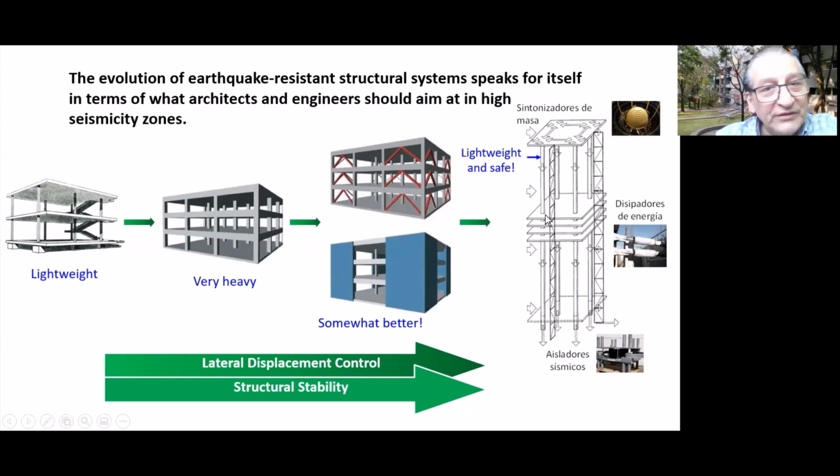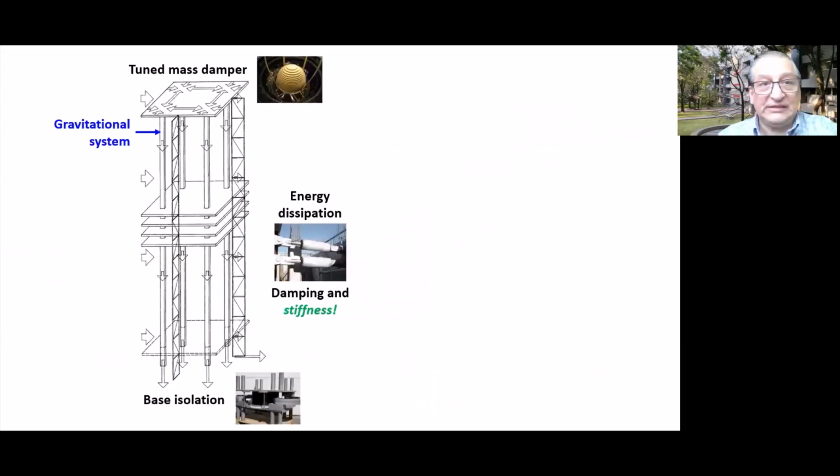And somehow in the new generation of structural systems, we're going back to this lightweight. But understanding that these lightweight systems don't have lateral deformation capacities, we're supplementing them with control devices that, with very little added weight, can provide in a very efficient manner the lateral control needed by the structural systems.